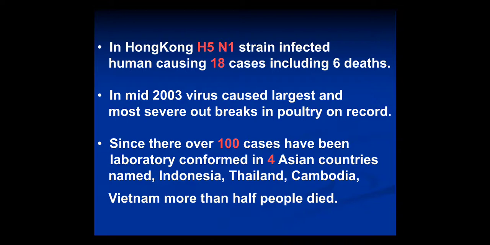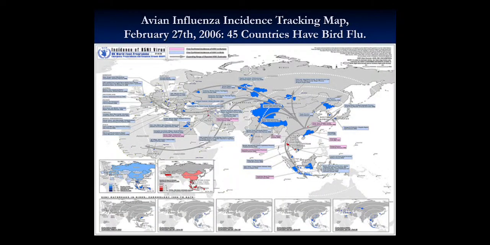Since then, over 100 cases have been laboratory confirmed in 4 Asian countries: Indonesia, Thailand, Cambodia and Vietnam. More than half of the people died. As you can also see in the COVID situation, because we have lockdown and social distancing, and people are educated, the deaths are decreasing and have been contained, but still in many countries, even developed countries like the USA, the deaths have been increasing every day, right?